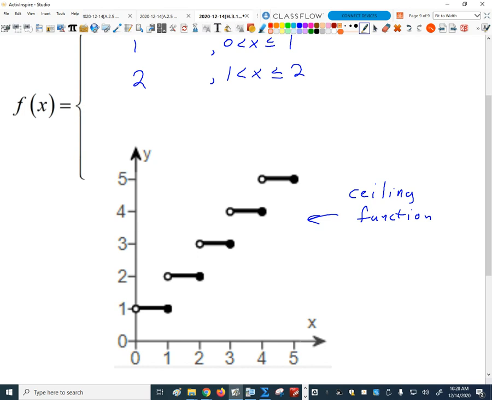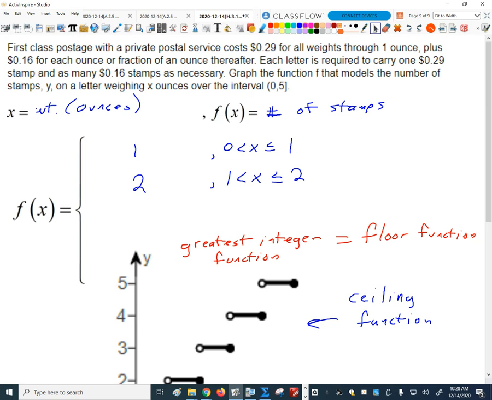Remember, we said that greatest integer function is synonymous with floor function. And that's where we're always rounding down to the nearest integer. This time we're rounding up to the next integer, okay? That ought to get you going on this maybe. All right, I'm going to let you work.